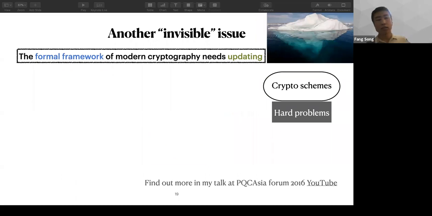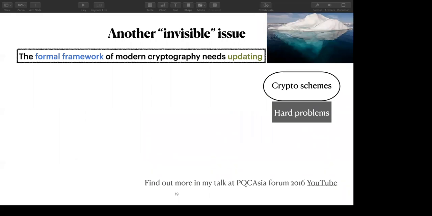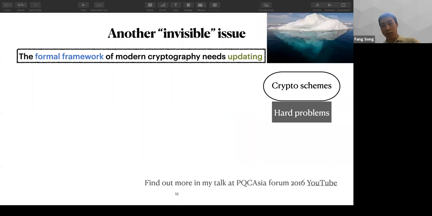And here's another issue, another threat to security, which is possibly as profound, but it is often overlooked. So far, we've been concerned mainly with the hardness of the problems that we build crypto on. But that's not the whole story, okay? So modern cryptography relies on a formal methodology.